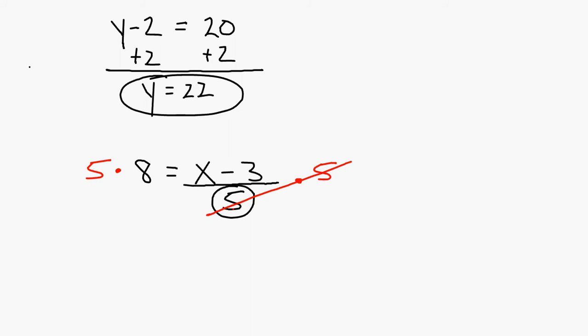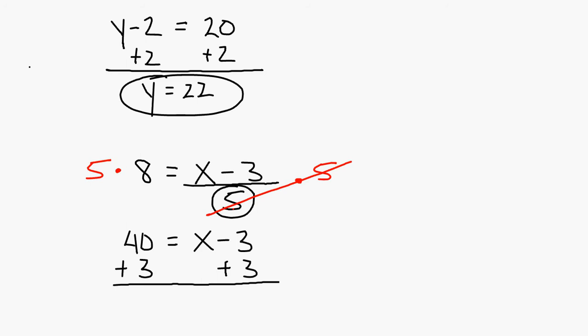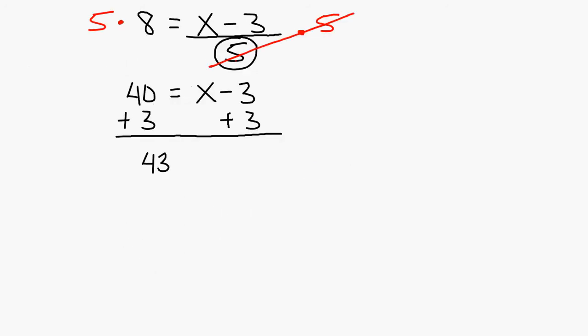And what you're left with is 40 is equal to x minus 3. And if 40 is equal to x minus 3, then you can add 3 to each side. And 43 is equal to x.